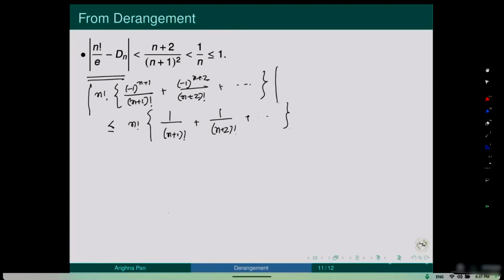And if we bring that n factorial inside that bracket, it is nothing but 1 by n plus 1, plus 1 by n plus 1 into n plus 2, then next one n plus 1, n plus 2 into n plus 3, and so on.